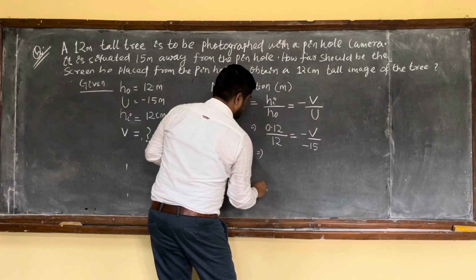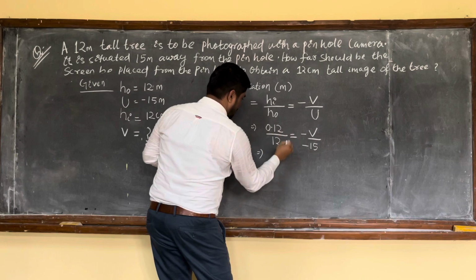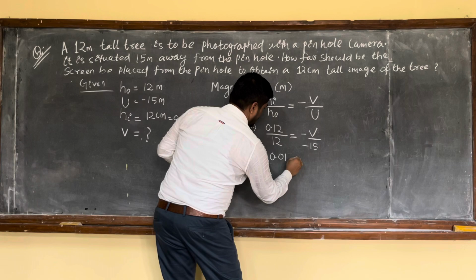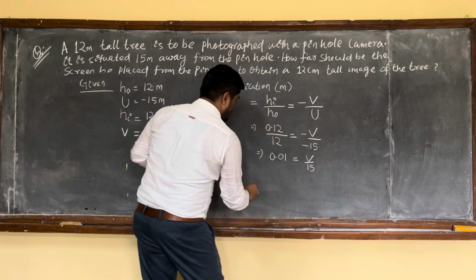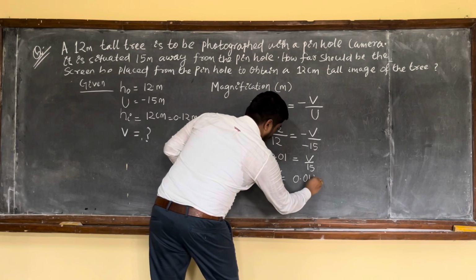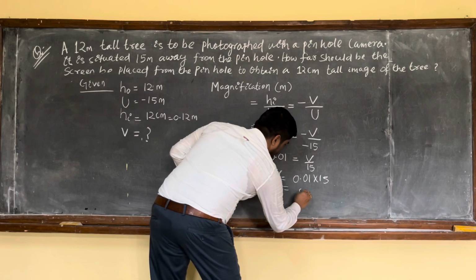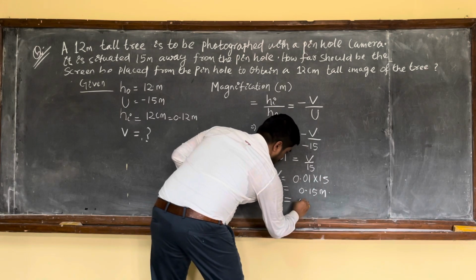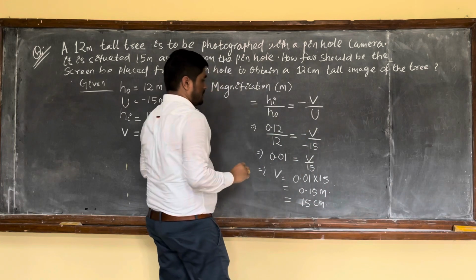That implies, when you divide 0.12 with 12, it will be 0.01, and that will be equals to V divided by 15. That implies V will be 0.01 into 15, that is 0.15 meter, or that is equals to 15 centimeter.